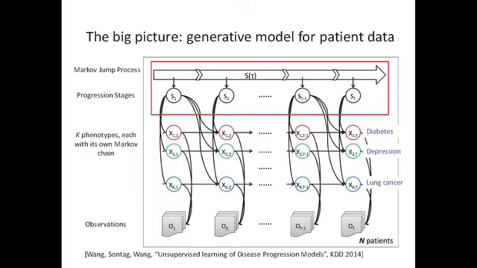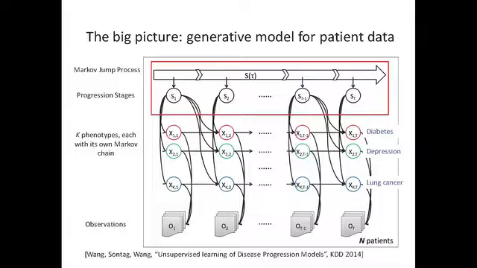The way that we're going to do that is by learning the parameters of this probabilistic model. And then from the parameters, we're going to either infer the patient's actual disease stage and thus sort them, or actually simulate data from this model to see what a 20-year trajectory might look like. Is the goal clear?